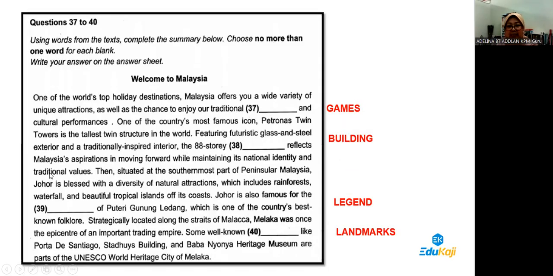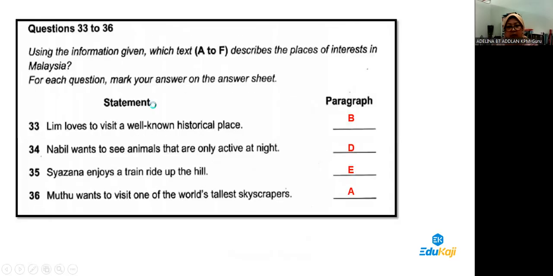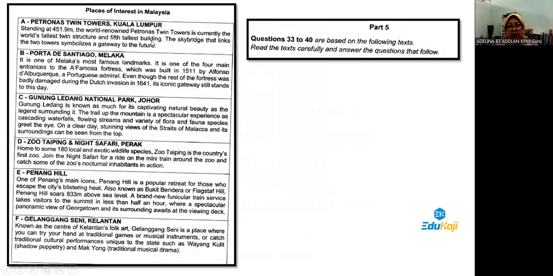Futuristic glass and steel exterior and traditionally inspired interior. You're talking about 88 storeys. Definitely, this is a building. So where can you find the word building? Yeah, tallest building. See, it is such a clear-cut answer.